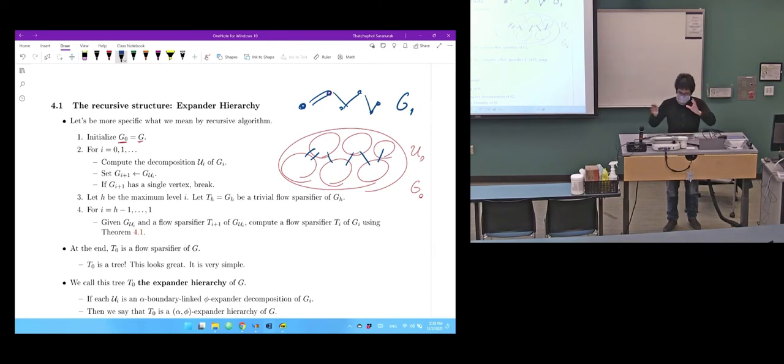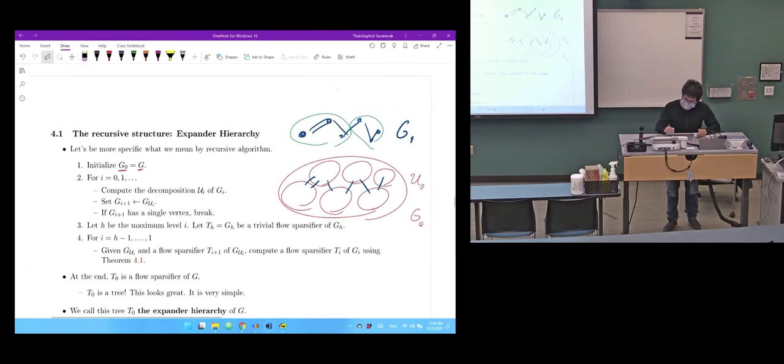You contract, and you compute the decomposition again. It might give you this thing, and now you contract, and you keep doing this. Decompose, contract, until you get one node.